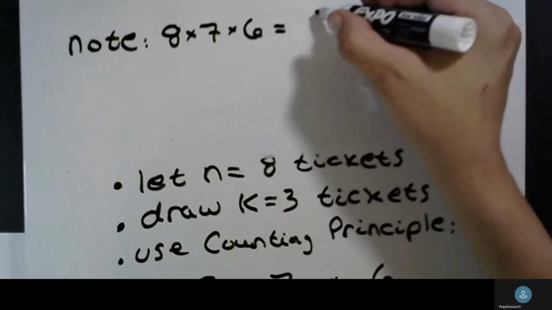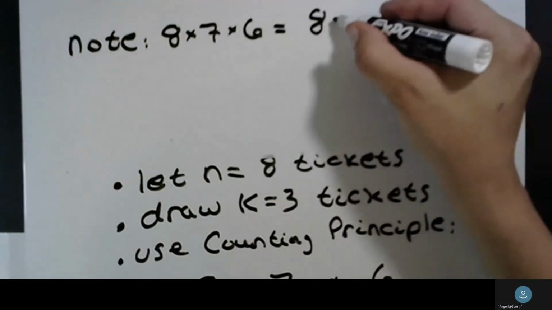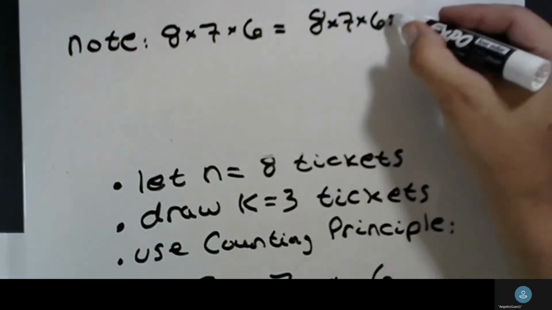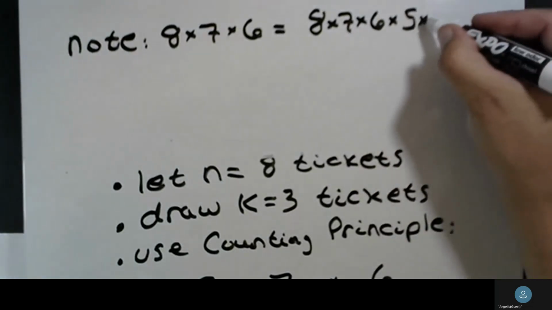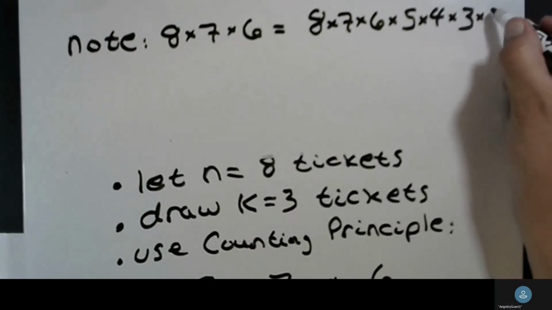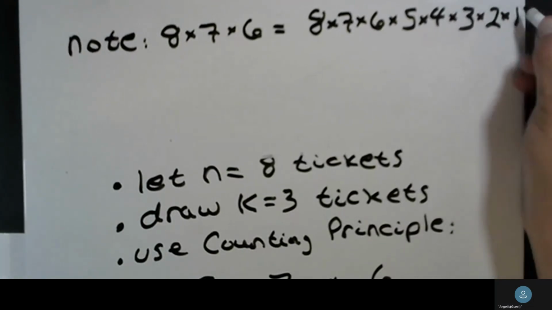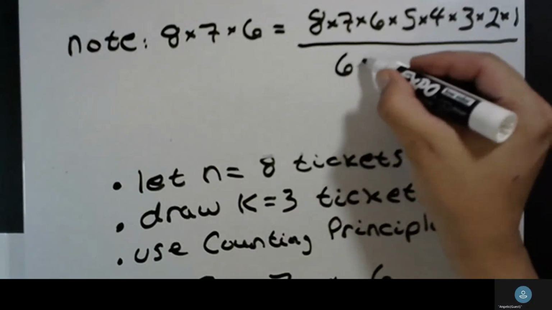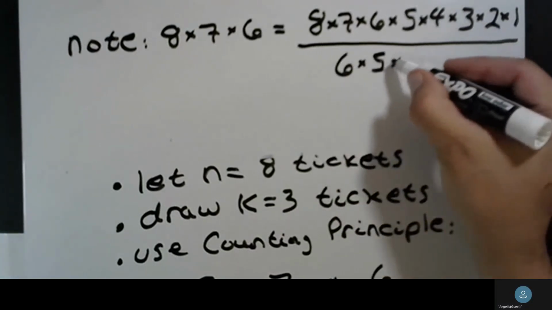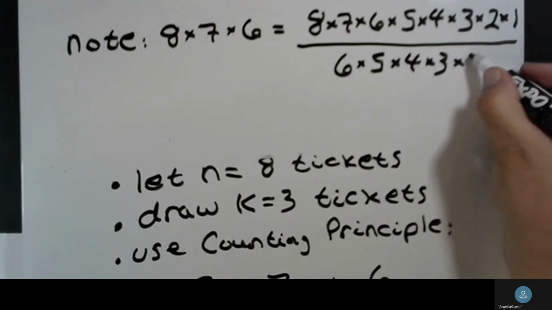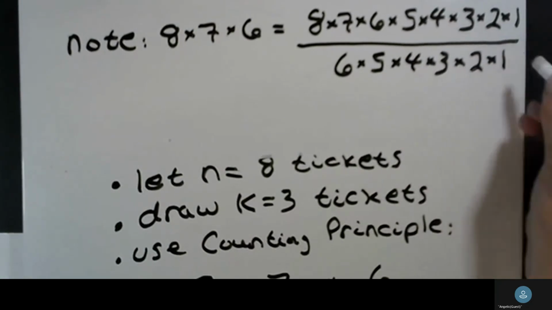We can treat this as 8 times 7 times 6 times 5 times 4 times 3 times 2 times 1 over 6 times 5 times 4 times 3 times 2 times 1.